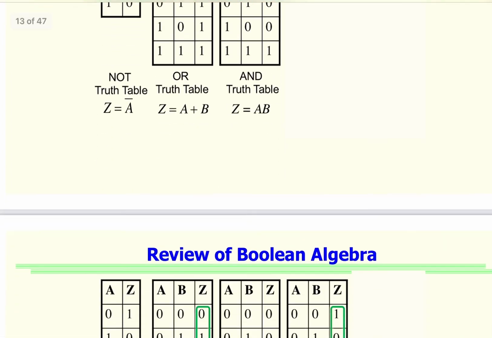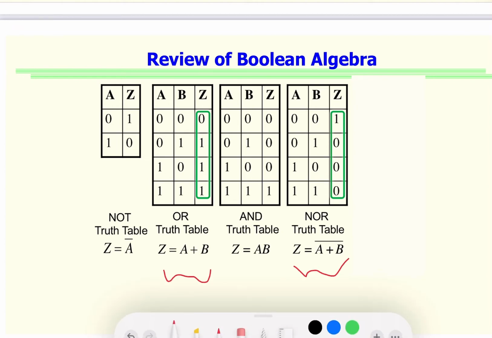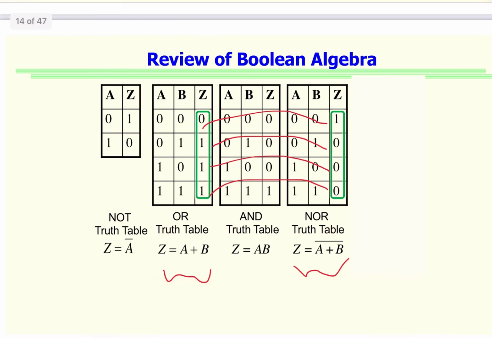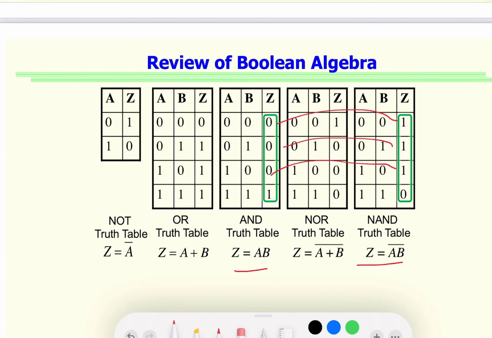And then we have NOR. Now you have to see something. As the name implies, the output is just flipped going from OR to NOR. And in a similar way, when we go from AND to NAND, again those outputs are flipped.